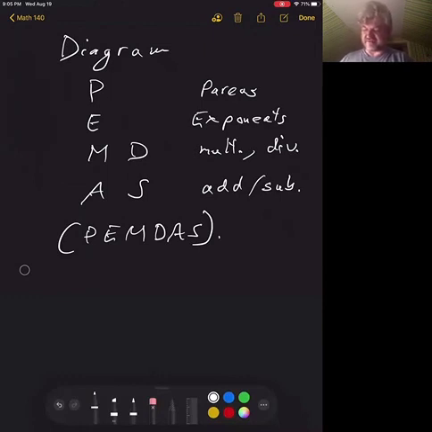So if you got additions and subtractions that are written without parentheses, you do them in the order in which they come. That's what they mean when they skipped on writing parentheses. But if there's multiplications, divisions in the mix, you got to do those first before you get to the adding and subtraction. And if there's even exponents, you got to do those even before the multiplication.